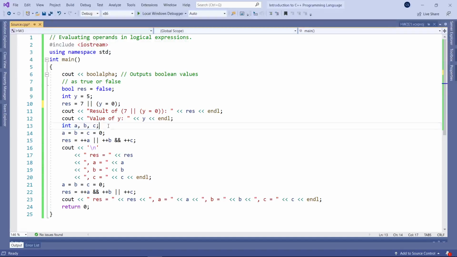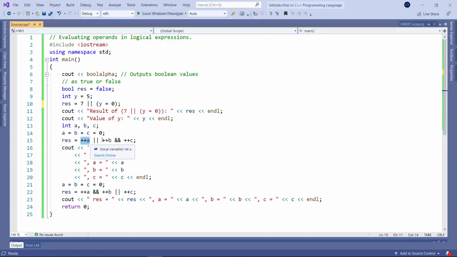Then we define 3 integers and we set them all to 0. So A, B, C. In this statement, we are using the OR operator, and we are incrementing A to 1. So right away, we increment A to 1.